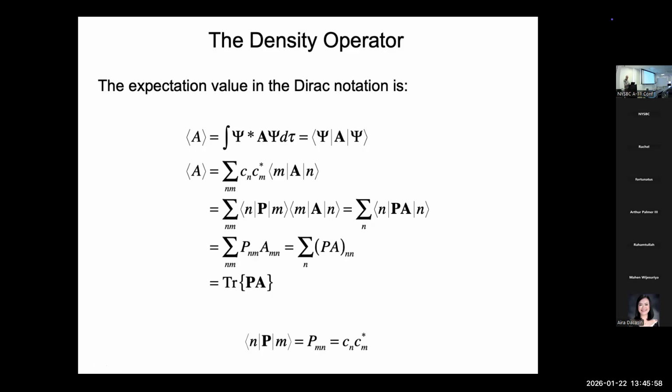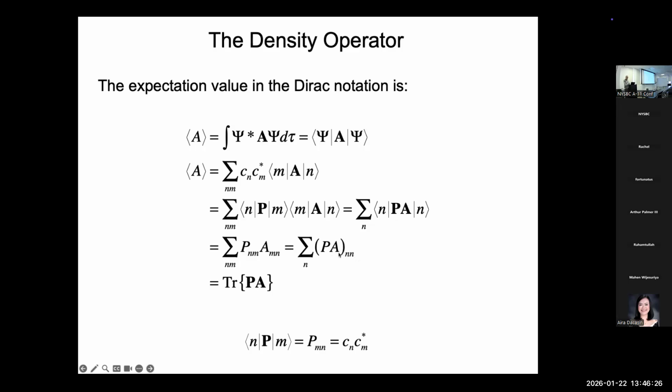And now I have two matrices multiplying each other. So I can collapse the sum by the laws of matrix multiplication. And I end up finding that this is all equal to the sum of the diagonal elements of the product of these two operators.